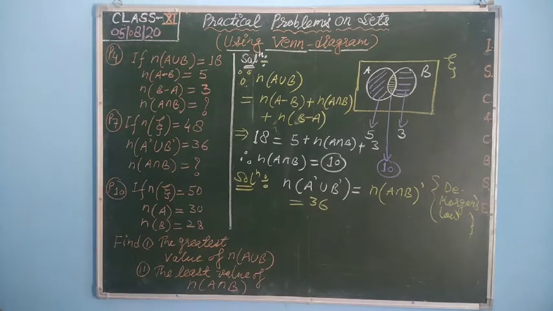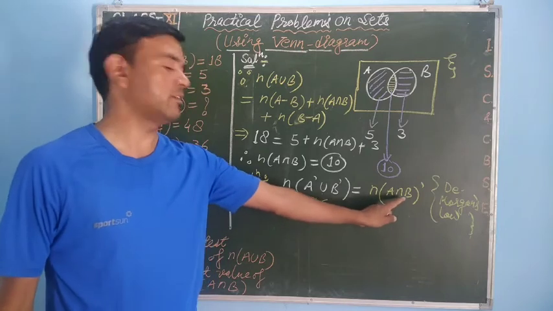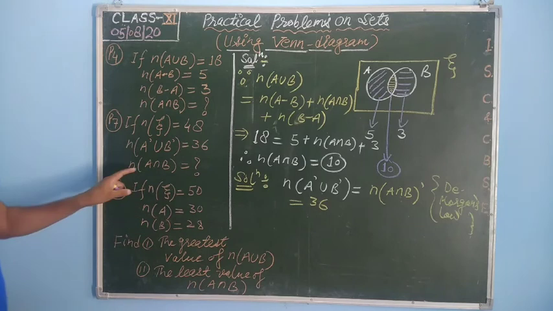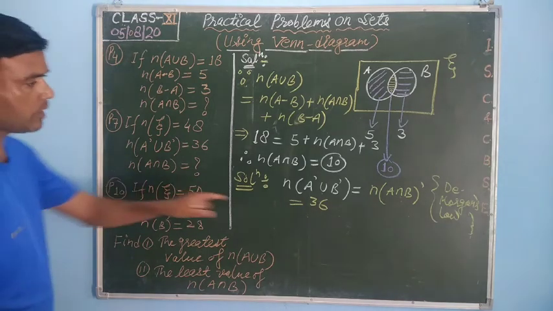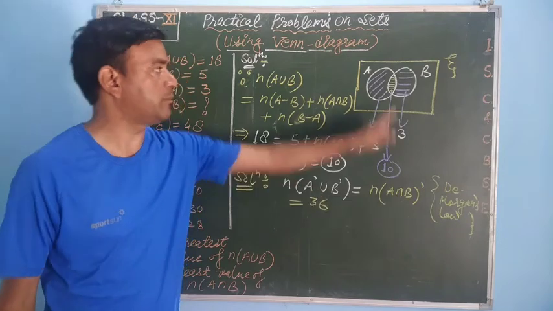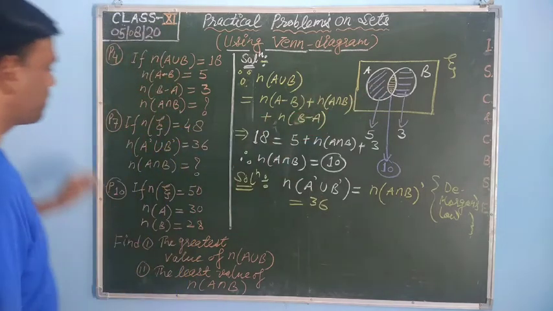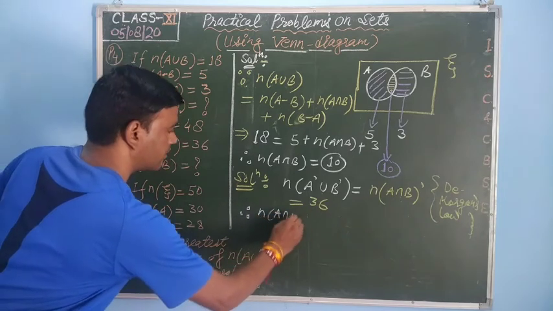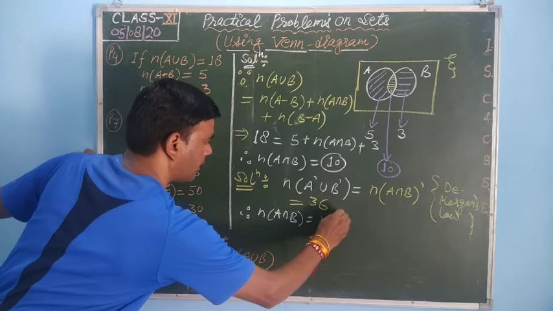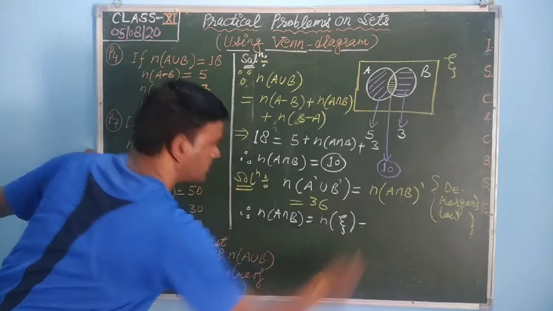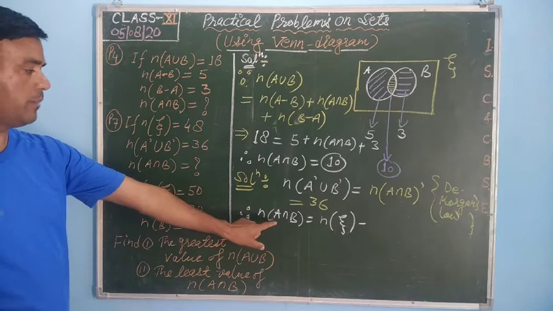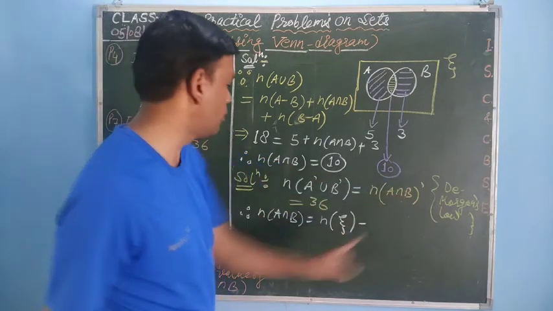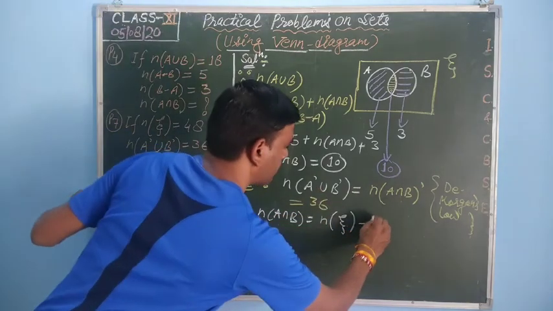And you know that the number of elements in the complement of any set, you can find directly without using a Venn diagram, means those elements which are except A intersection B, outside this portion. Therefore n(A intersection B) will be equal to n of the universal set minus those elements which are outside A intersection B, that is represented by (A intersection B) whole complement, which is equal to 36.